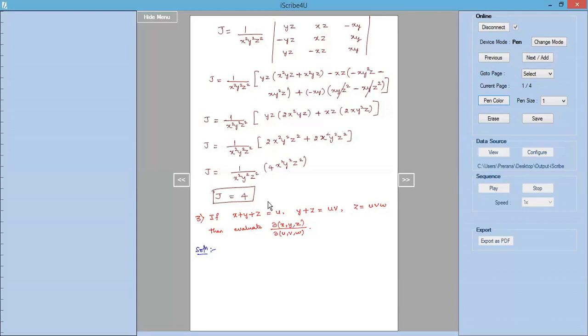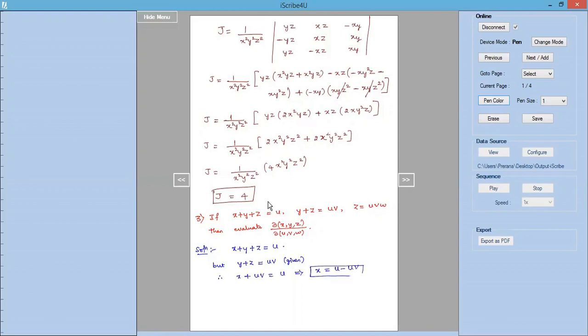So it is given that x plus y plus z is equal to u. But from the second one, y plus z is equal to uv is given. So therefore, I can use y plus z in the previous expression as uv, and that gives us x is equal to u minus uv.